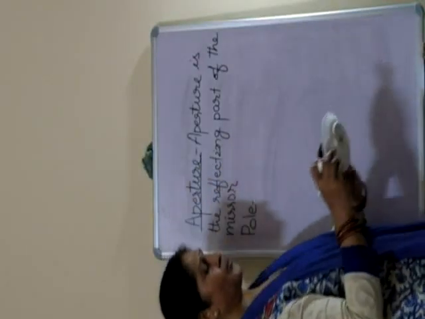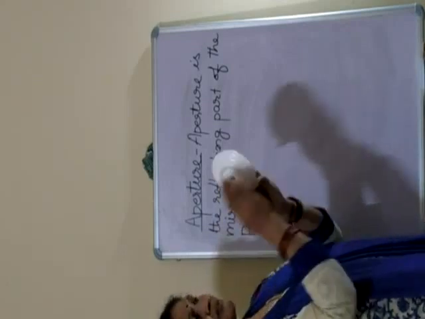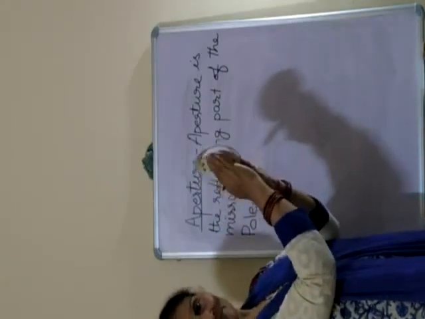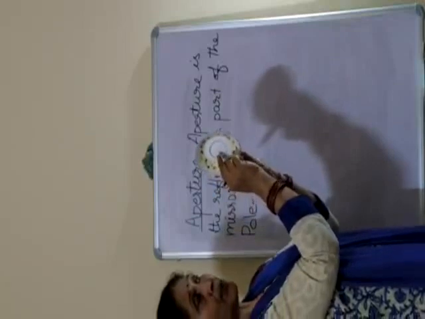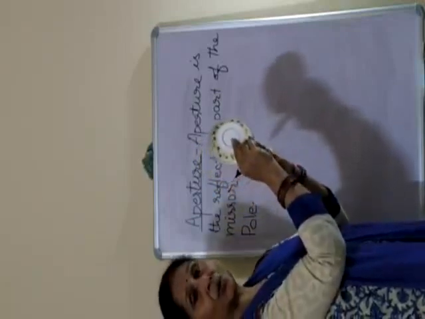If this is the aperture of a mirror, then the middle point of the aperture is called pole.